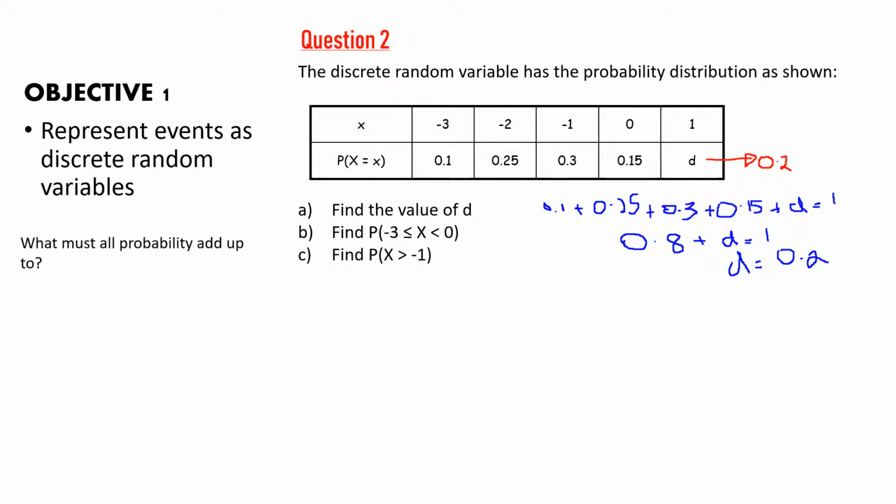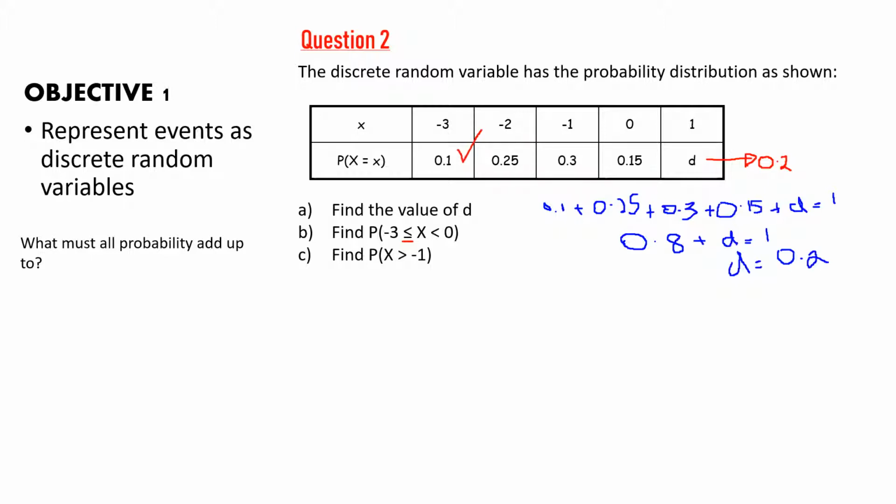I've got to find the probability that we're going to get something between a -3 and a 0. Now be careful of the signs, because the little line underneath this value suggests that we must include the -3 but not the 0. So you think which values this covers. Does a -3 count?